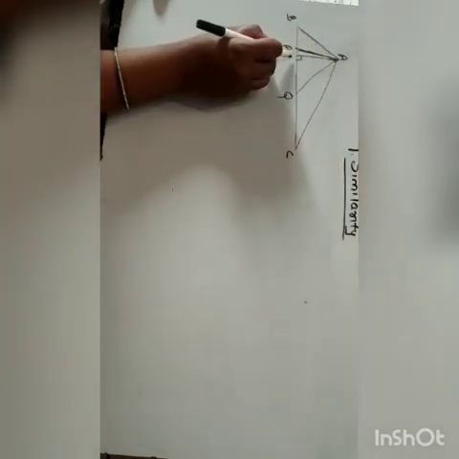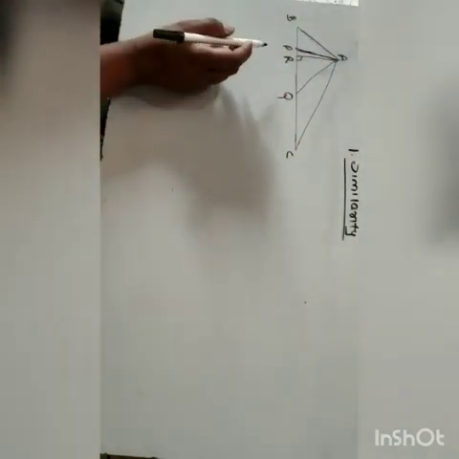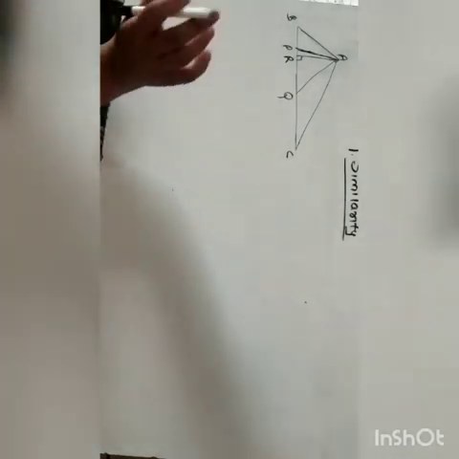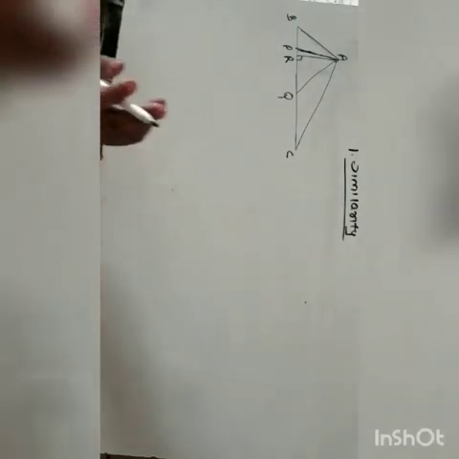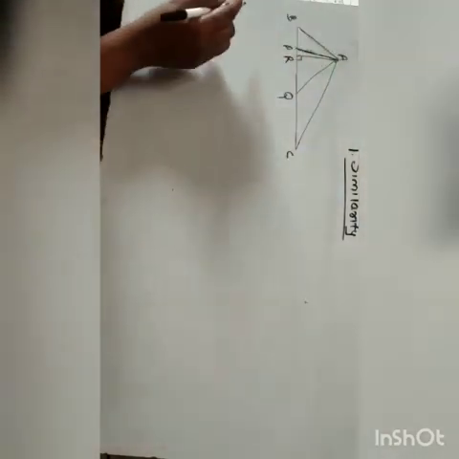AR is the height of triangle ABC, and it is also the height of triangle APQ. Just now we saw that if the heights are the same, the ratio of areas is equal to the ratio of their corresponding bases.